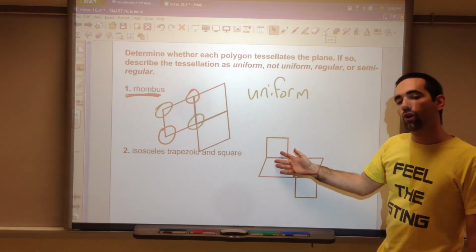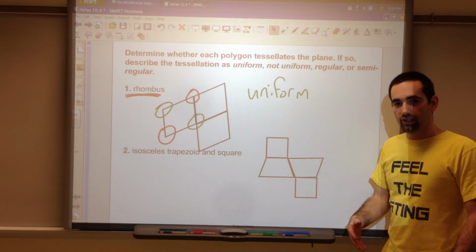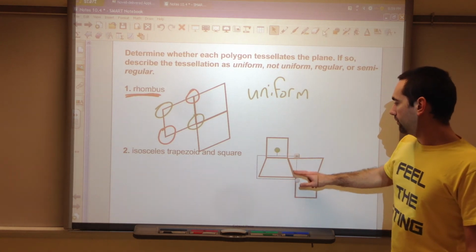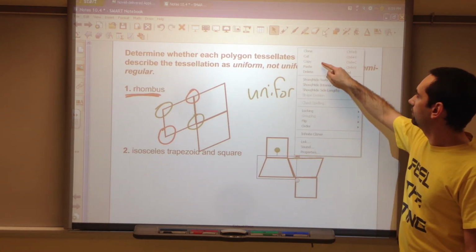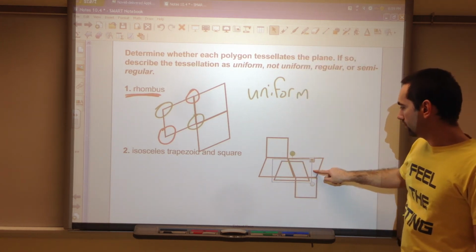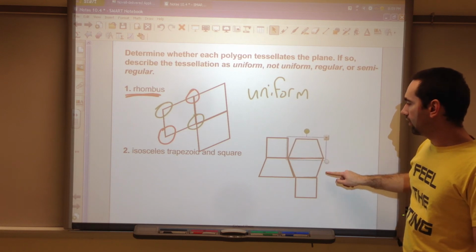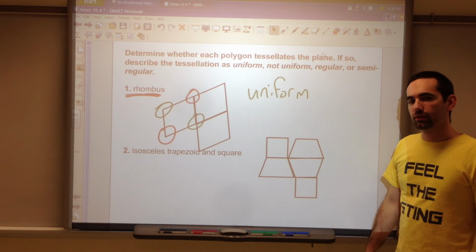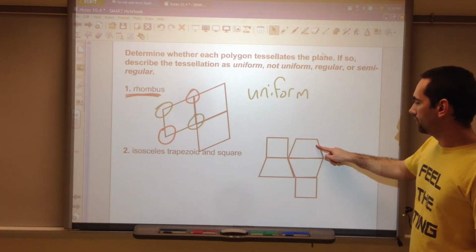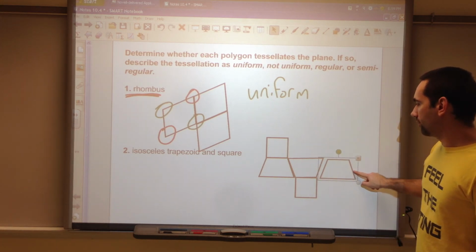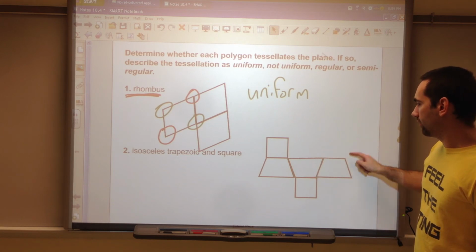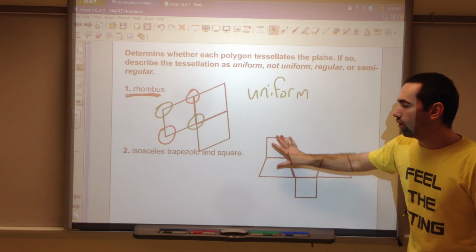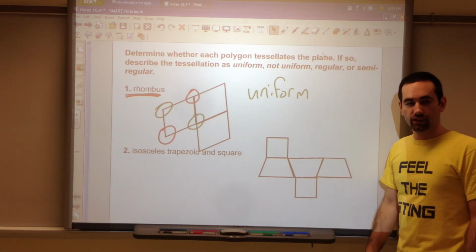Now I'm treating this as one whole shape unto itself. Looks legit so far. Can I put him there? Oh, no, that's going to have an empty gap. I could put him here, but I have nothing here. This shape as a whole cannot tessellate.